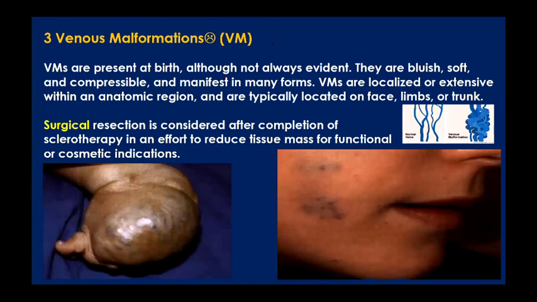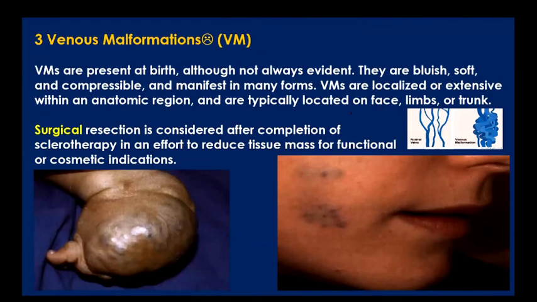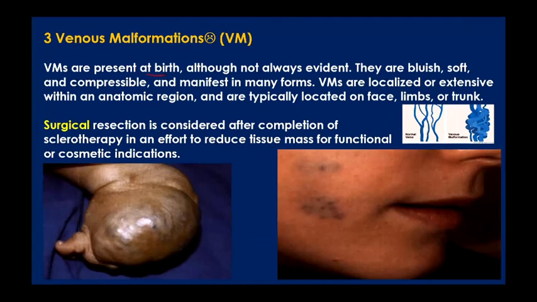Yes, we go to what we call venous malformation. This is lymphatic and this is venous malformation. Venous malformations are also present at birth, and not always evident. They are bluish and soft.